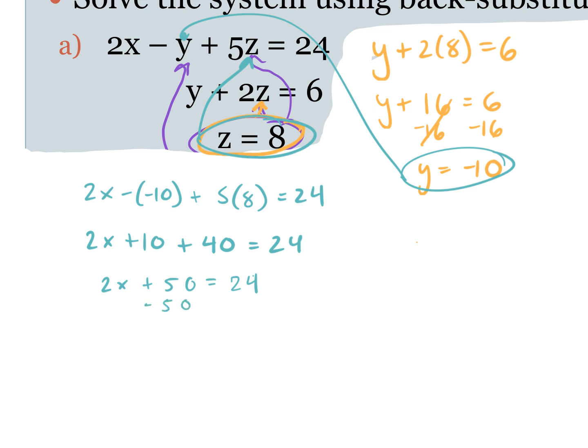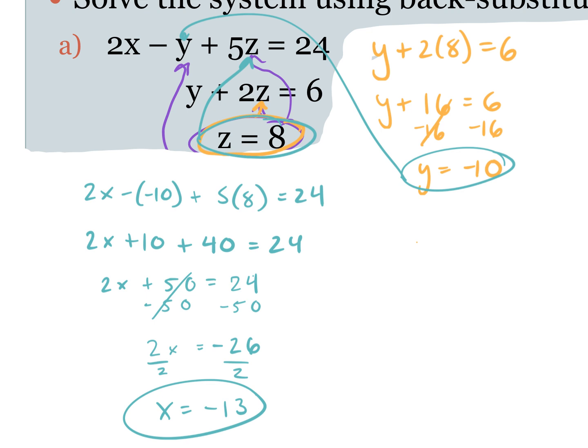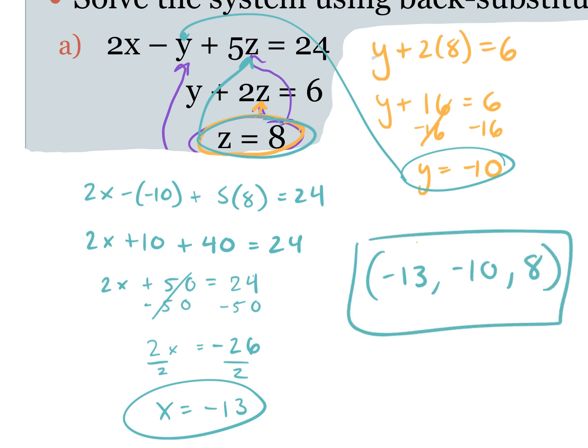Subtract 50. So 2x equals, what's 24 minus 50? Negative 26, and then divide by 2. So x equals negative 13, perfect. So our x is negative 13, our y is negative 10, and z is 8. So that would be our answer.